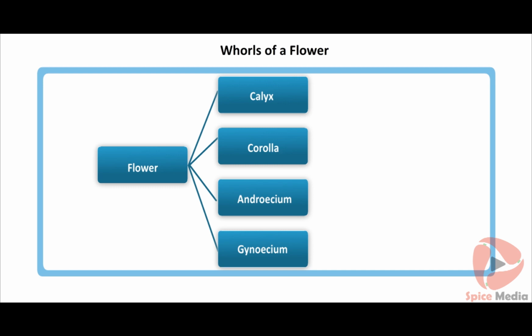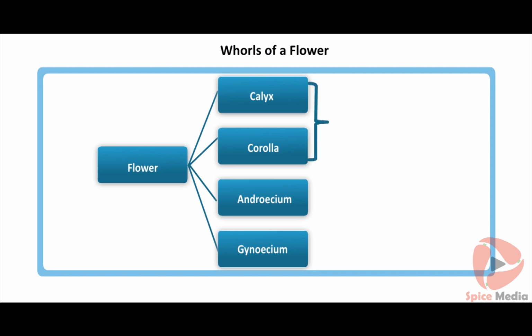Androecium is the third whorl of the flower that consists of stamens. It is the male reproductive organ of a flower. Gynoecium is the innermost whorl of the flower. It is also called as pistil and is the female reproductive organ of a flower.